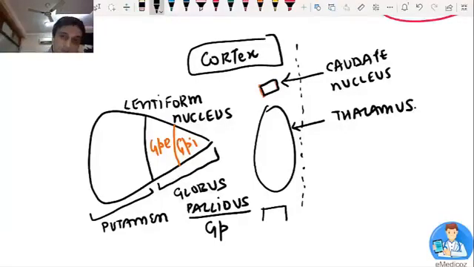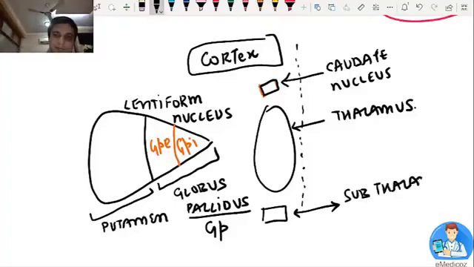Below this in the coronal section, below the thalamus, is a structure known as the subthalamic nucleus, which I can abbreviate very commonly as STN.